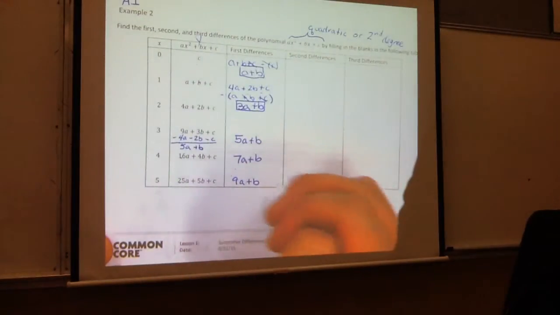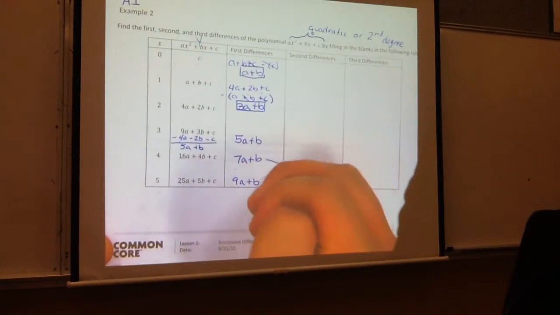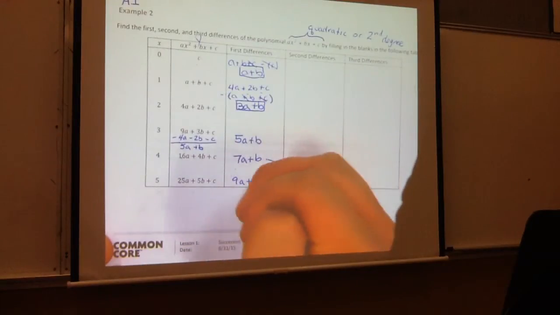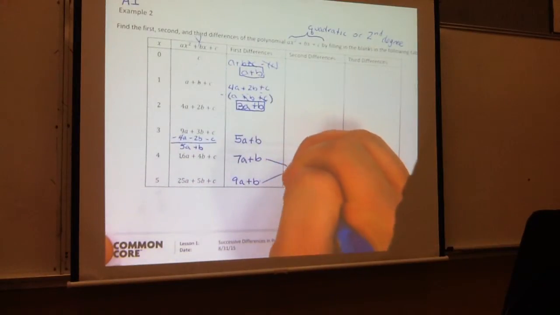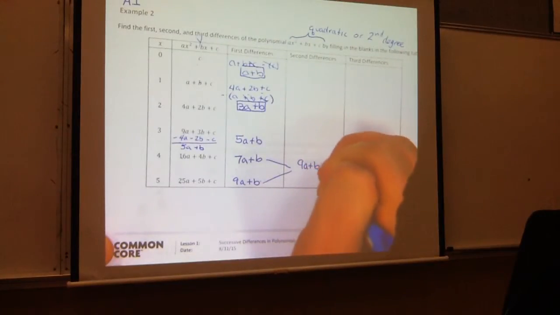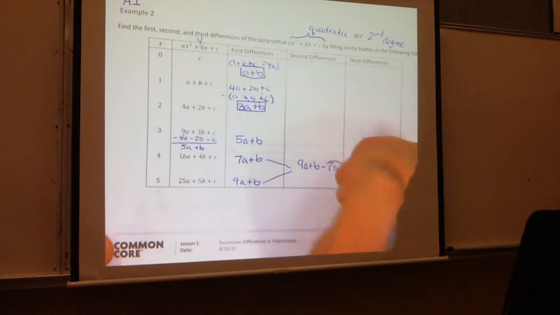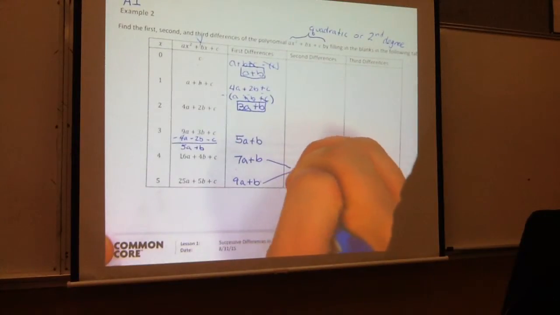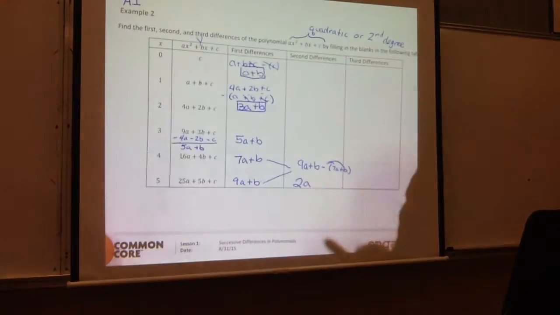To find the second difference, we subtract consecutive terms. This is 9a plus b minus the quantity 7a plus b, right? We have to distribute the negative sign. We get 2a.